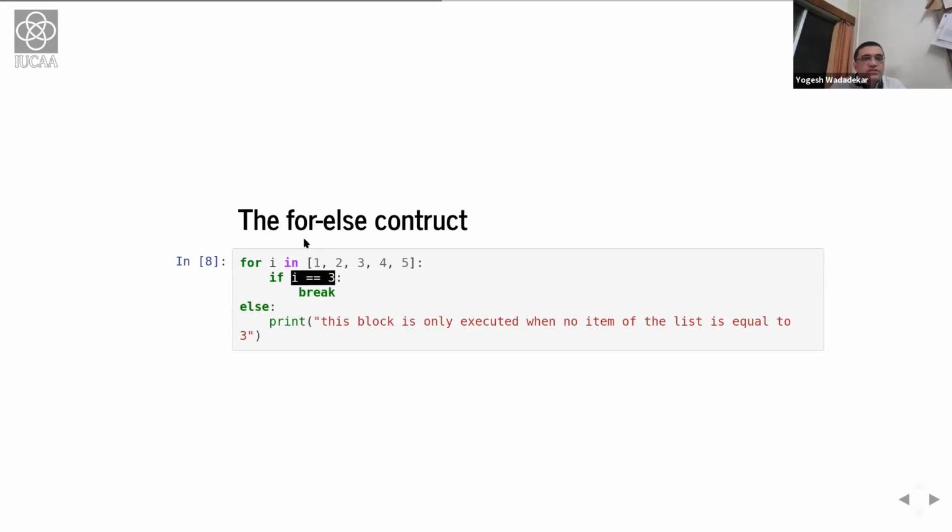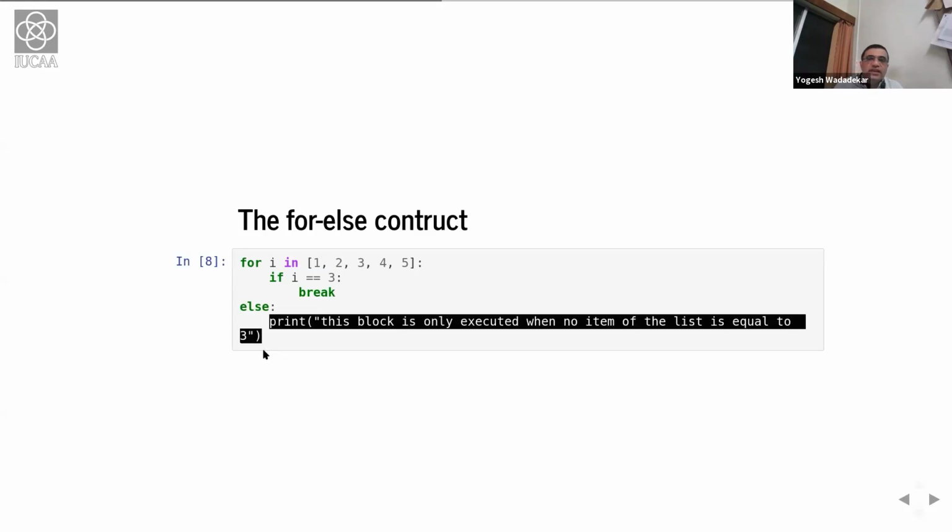Since 7 is not in this iterable list, obviously the break is never going to be triggered. If I do that, then it will print: this block is only executed when no item of the list is equal to 7 in this case.